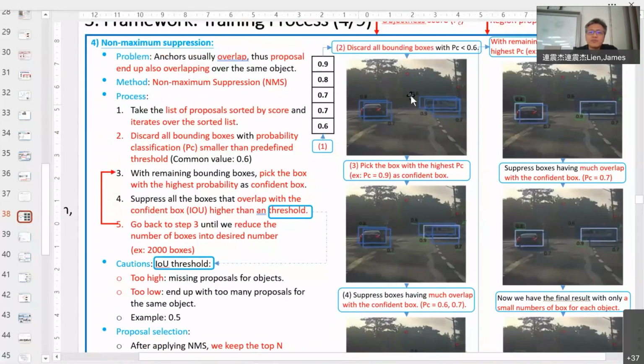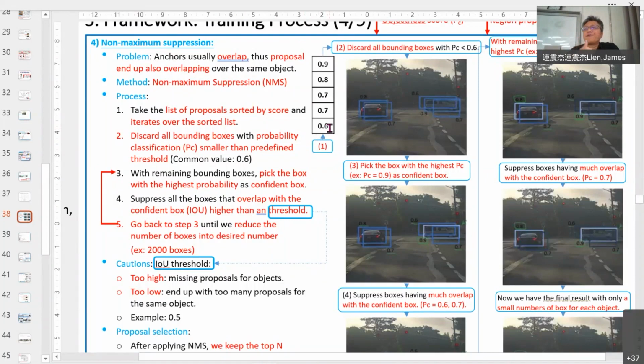So this is an example. The steps are here. First, suppose each bounding box has a confidence value, whether it's foreground or background; that's classification. That's your confidence value. If the confidence value is less than 0.6, we delete it because it's not foreground, it's background.